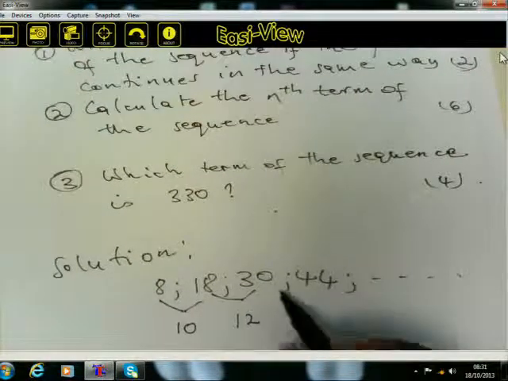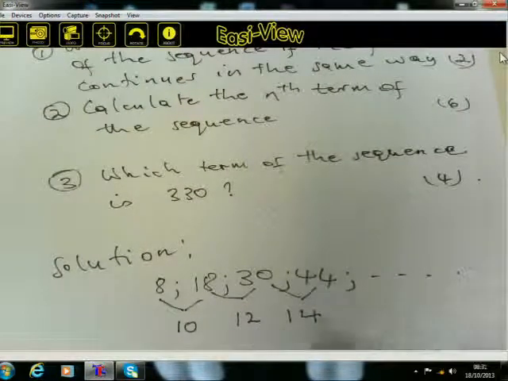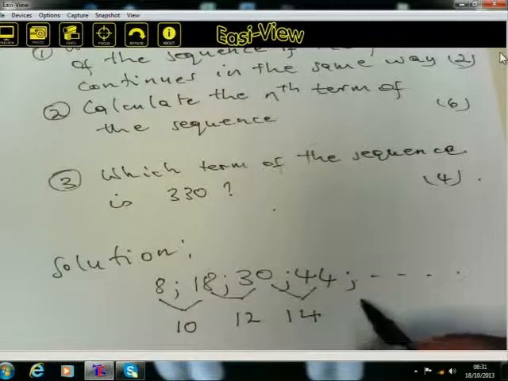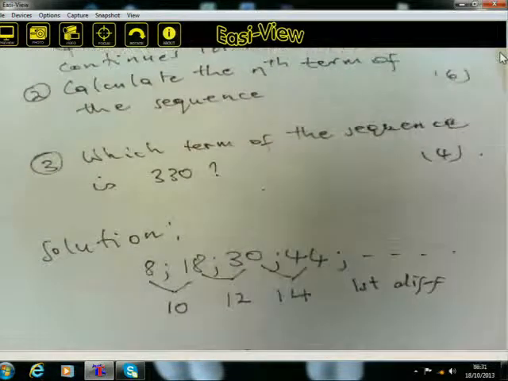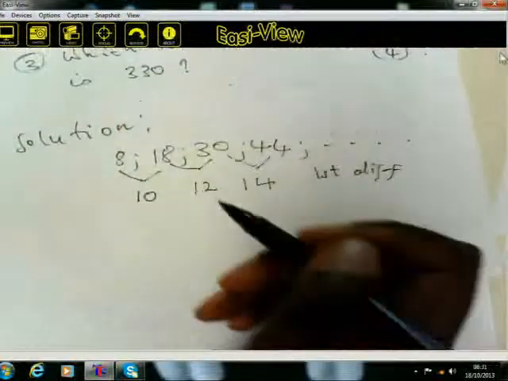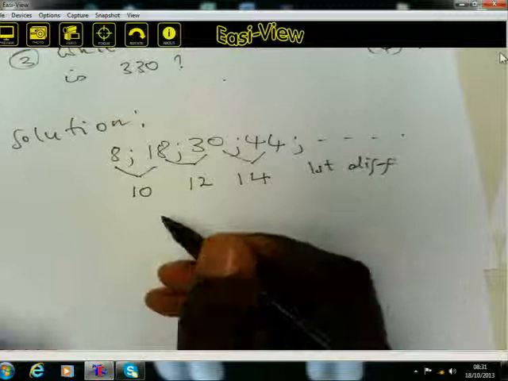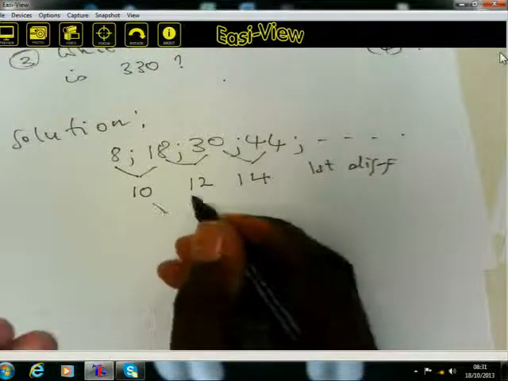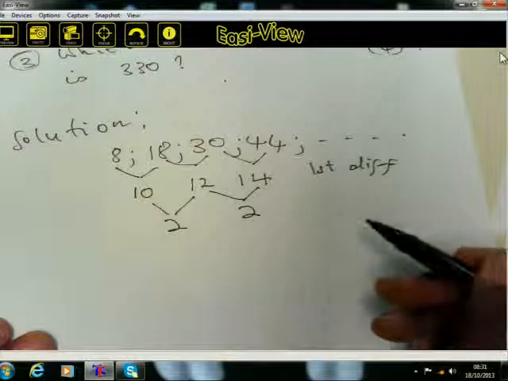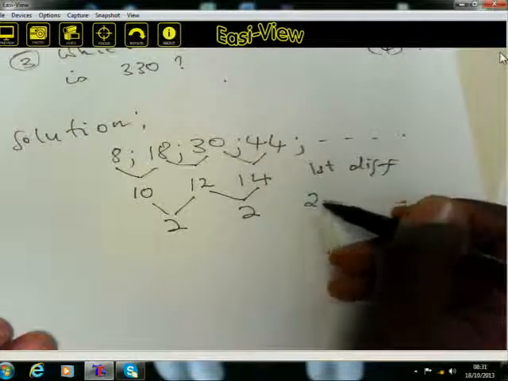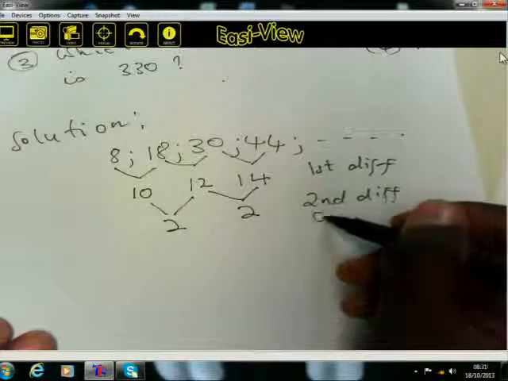Another one here is 14. Therefore, this is the first difference. Now we go on to the second difference. The second difference is going to be 2 here, and 2 here. Therefore, this is the second difference.